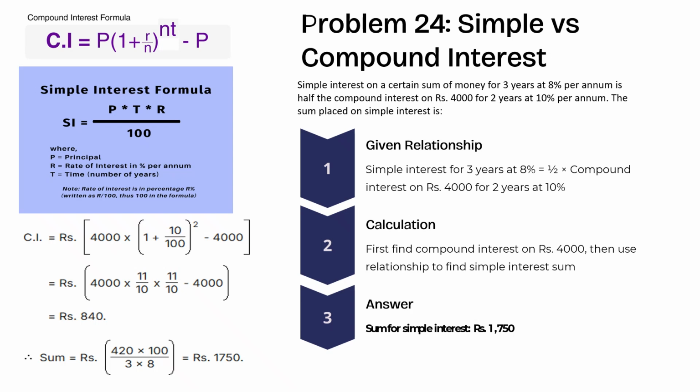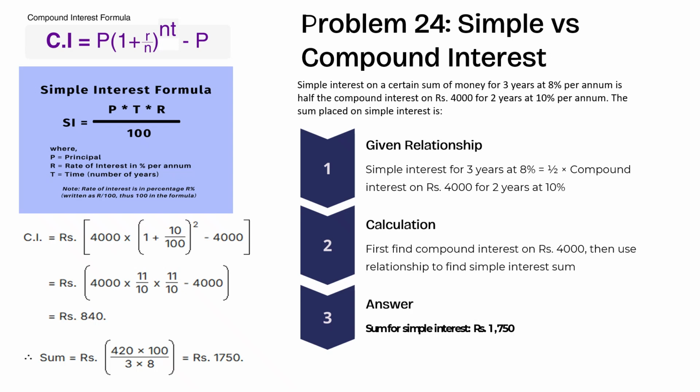This is the compound interest value for a principal of 4,000 rupees, a 2-year tenure, and a 10% rate per annum. If we divide it by 2, the same amount will come for this simple interest problem of 3 years at 8%.